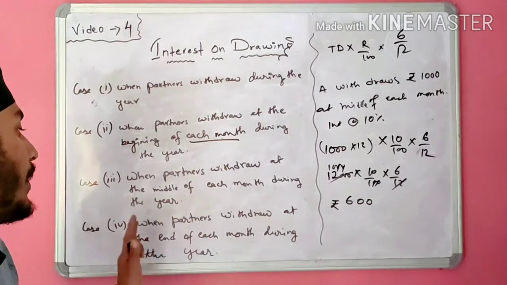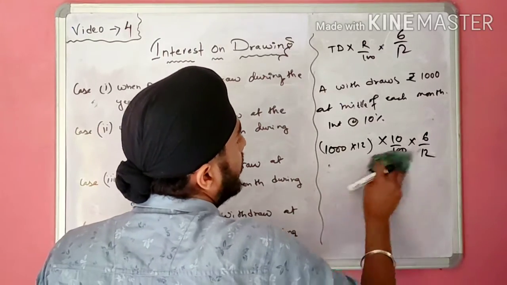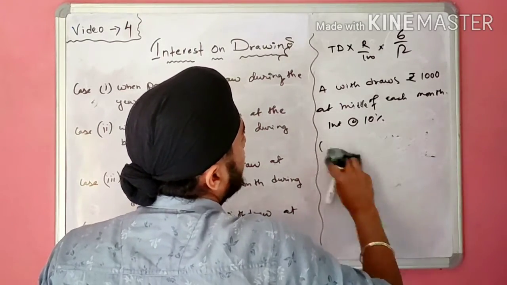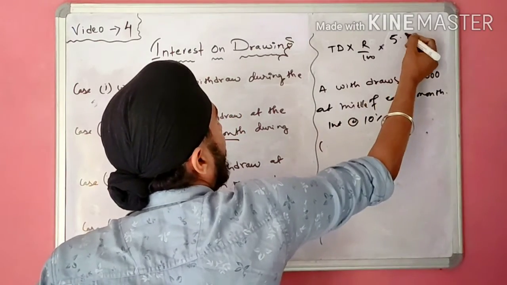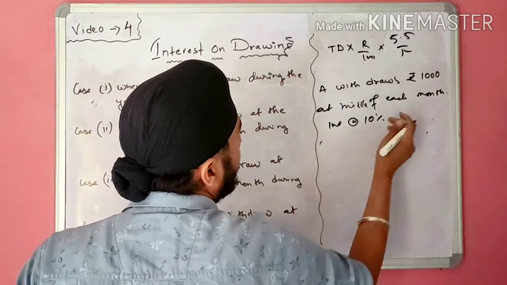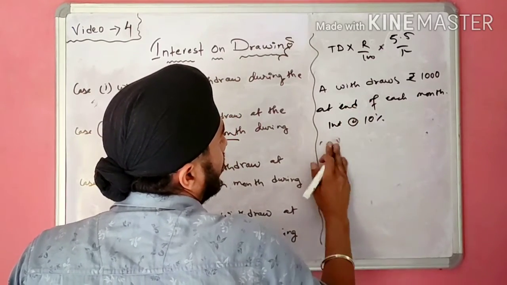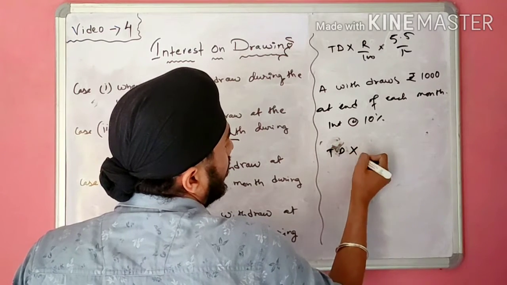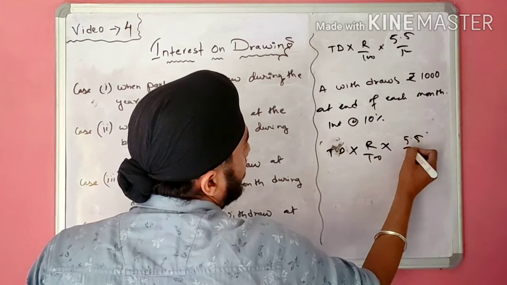Next is when partners withdraw at the end of each month. The formula will be the same as it is, only the time period will change. We'll take it 5.5 by 12. So it will be total drawing into rate into 5.5 by 12.